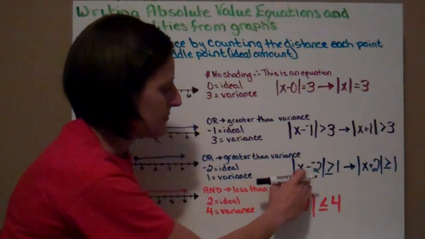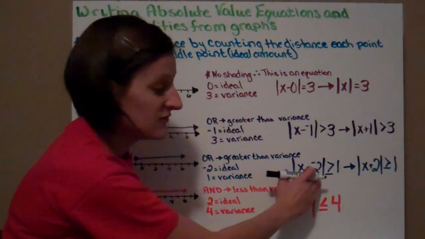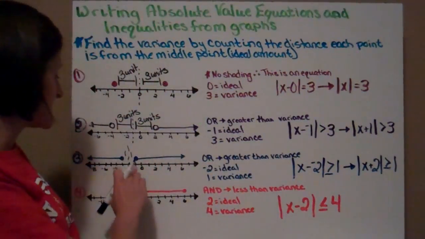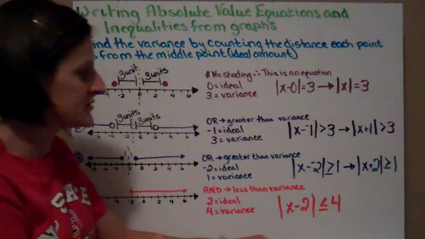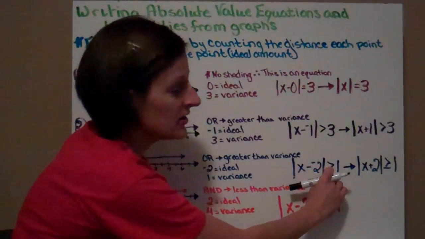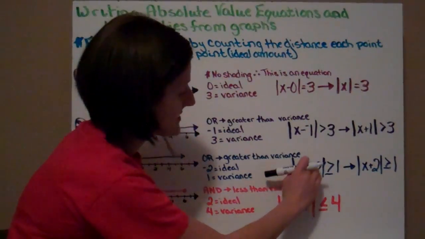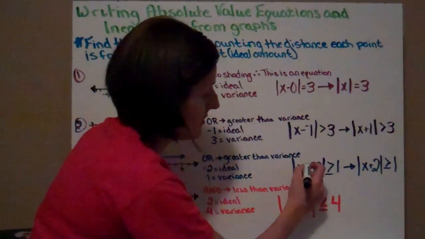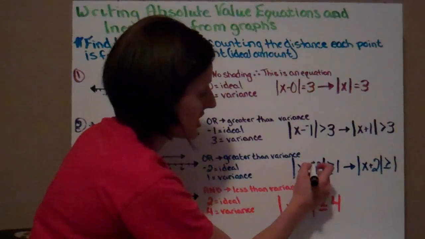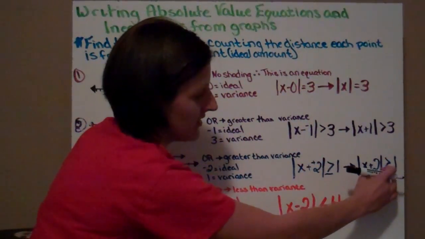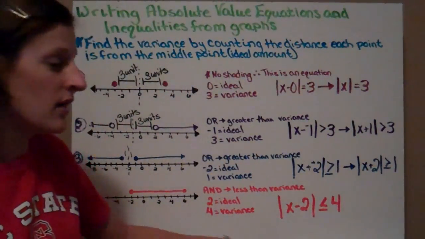So the absolute value of x minus the -2, there's your ideal, is greater than or equal to. It's equal to this time because I've got closed circles. 1, which is my variance. Basically, remove those, do the plus, make that a positive as well. Remember, keep, change, change. So it becomes the absolute value of x plus 2 is greater than or equal to 1 as your inequality.